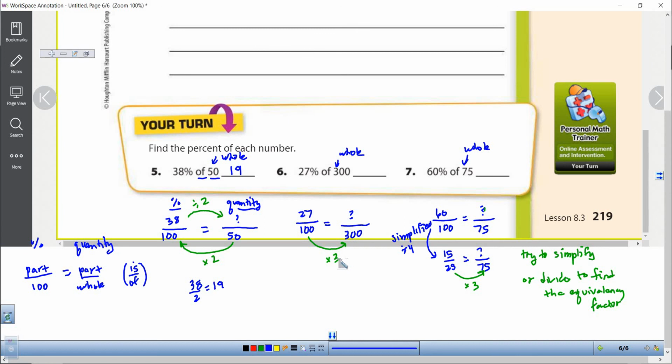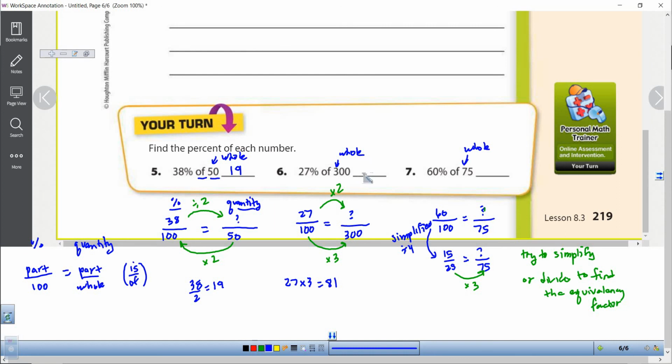Right here, we see that we have to multiply by 3. Well, this one's a little easier because we're going the same direction. So I'm simply going to do 27 times 3. Well, 25 times 3 would be 75, so we're going to get 81.